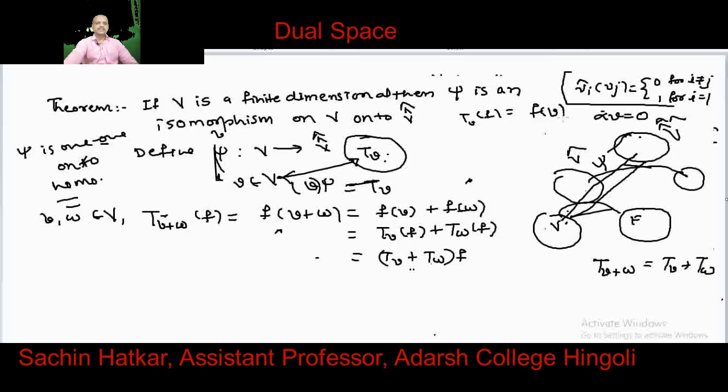This is the definition. Then f of v means T_v of f, f of w means T_w of f. Therefore, we get (T_v plus T_w) of f. Therefore, T_{v+w} equals T_v plus T_w.